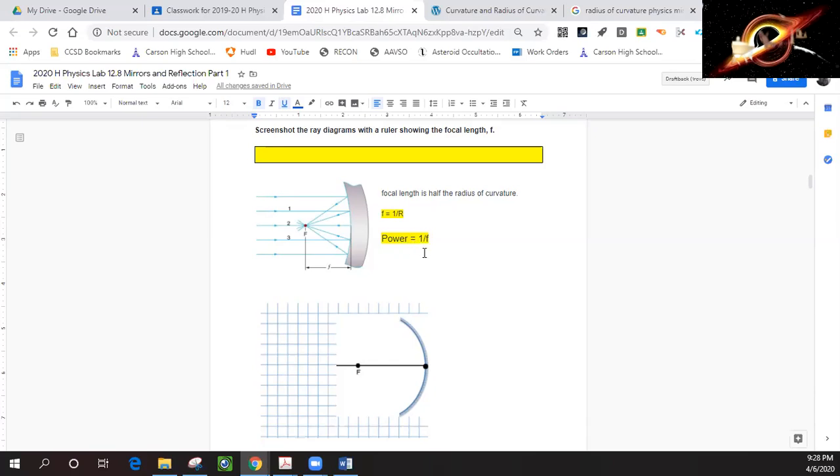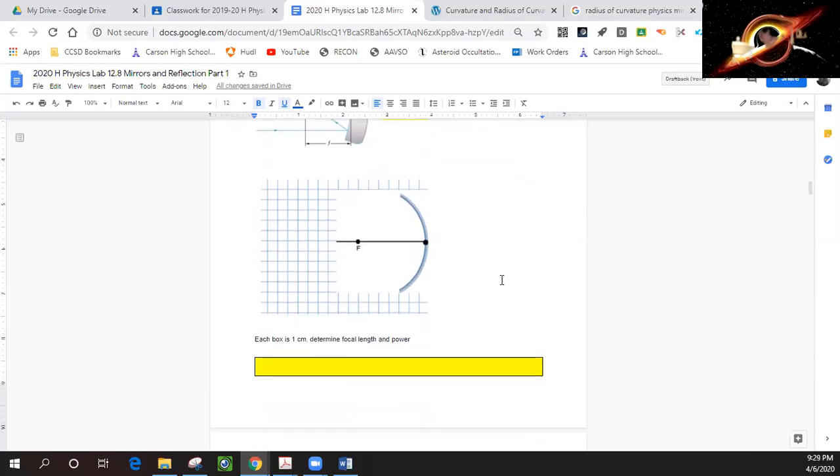Power of the mirror is 1 divided by the focal length. So now, each box here is 1 centimeter. Let's determine the focal length. Let's do some annotation here. Let's say I have some kind of an object right here. So this is the object. And we're going to draw some focal lengths here. What we do is called a ray diagram. I'm going to draw this as parallel as possible.